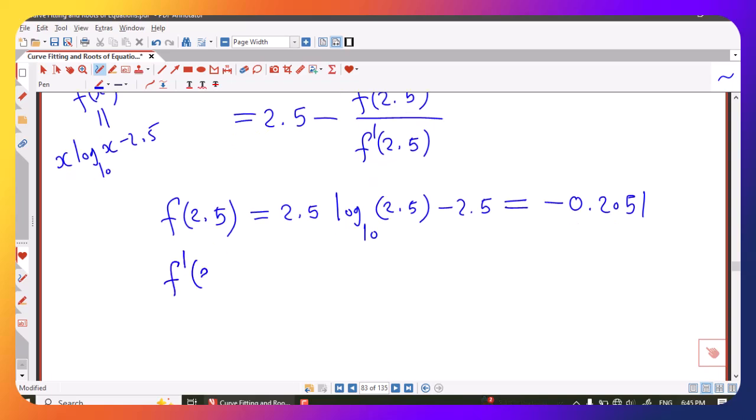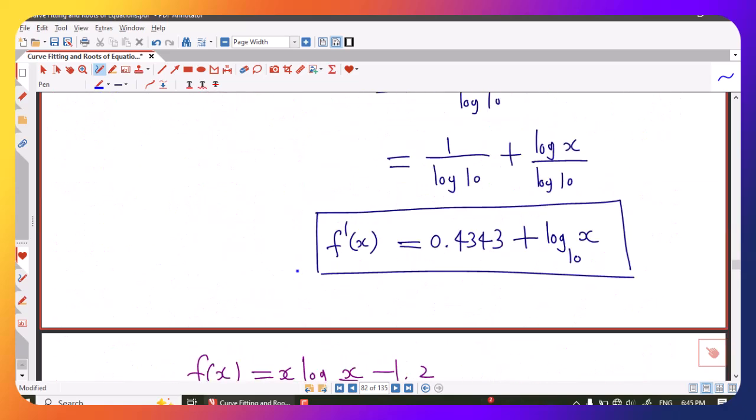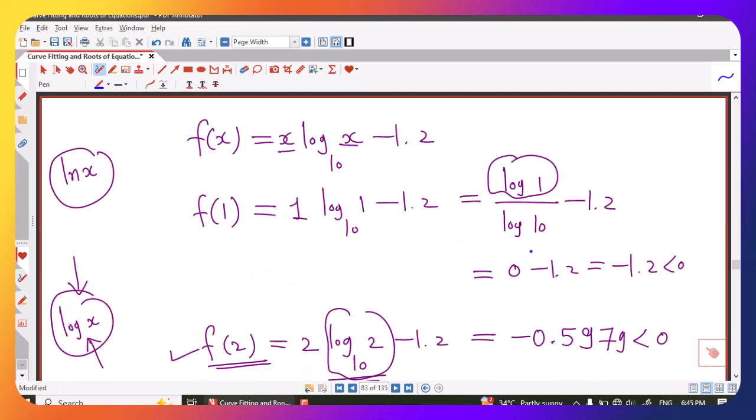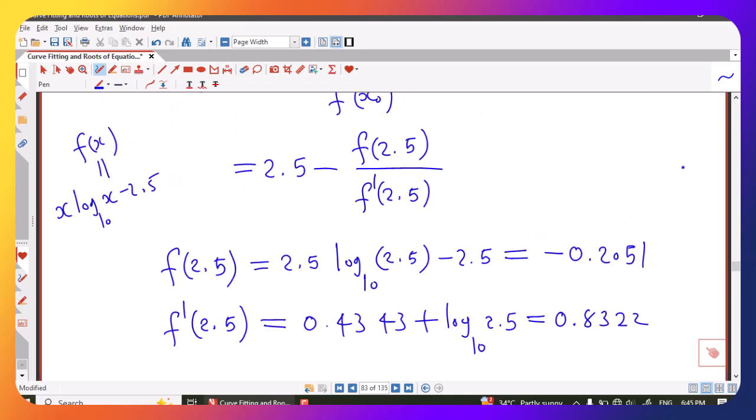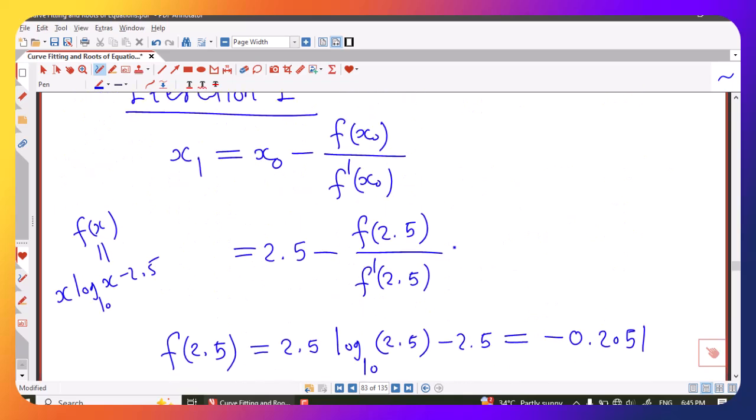Then we require first derivative at 2.5. Now we have obtained f dash x also. So that is 0.4343 plus log x base 10. Here our x is 2.5. So again using scientific calculator, I find that this turns out to be 0.8322, and then I substitute these values here.